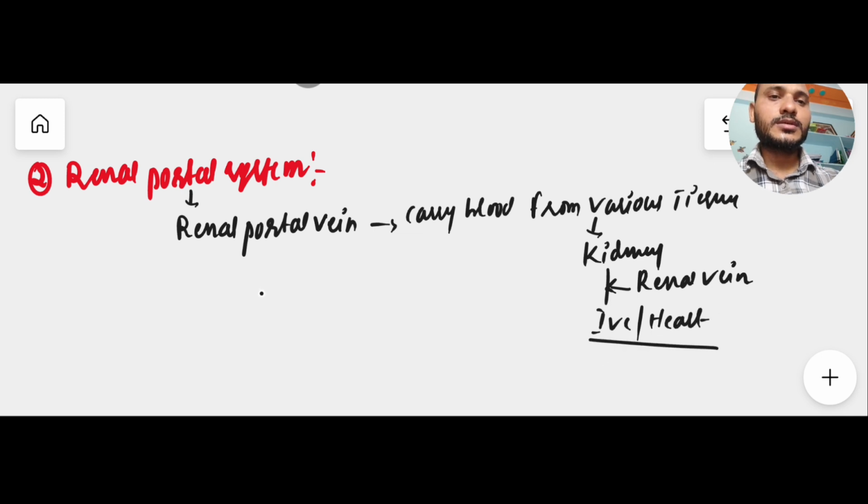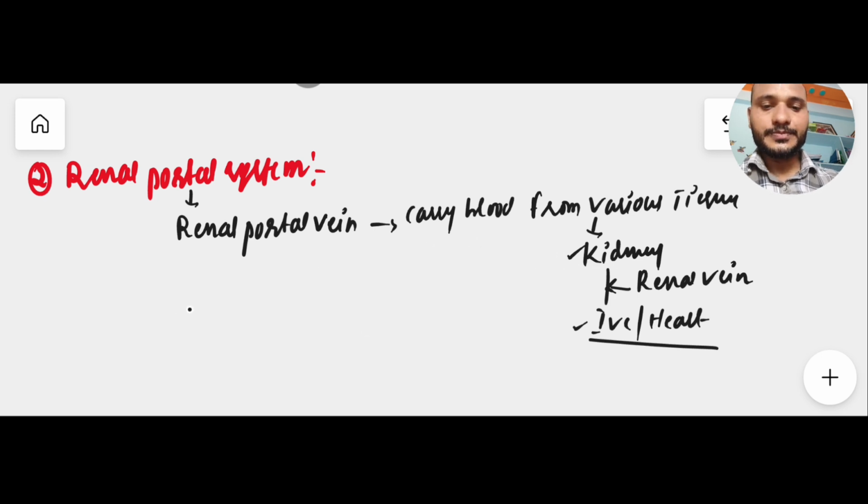So this renal portal vein carries blood from the various tissues of the organs and gives it directly to the kidney. From the kidney this blood directly goes to the heart. Here the kidney is the middle organ between the various tissues and the heart. Hence this system is called the renal portal system, because kidney is nothing but renal.